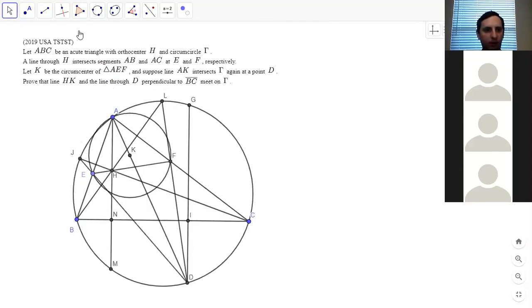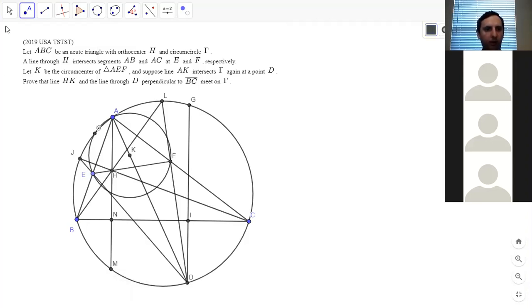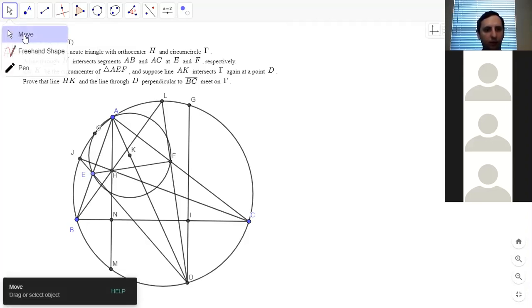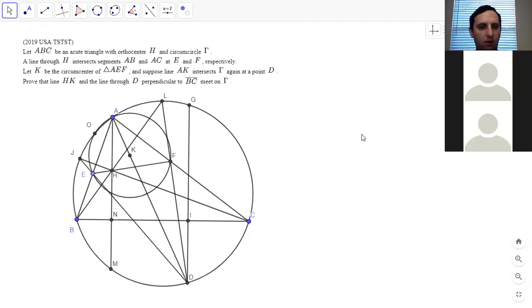So basically, if I draw this point right here, I think we can prove that OJEH is cyclic, and similarly OLFH is cyclic. And then from there we can prove that CJ and BL intersect at H. I'm just guessing kind of, but yeah.